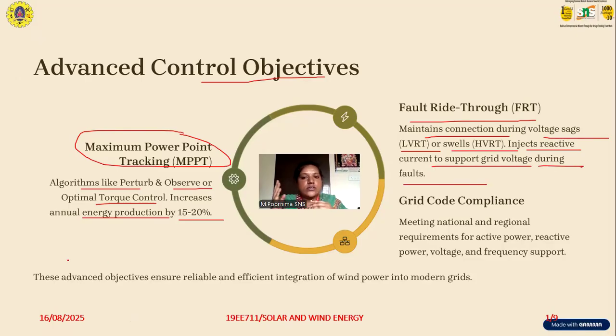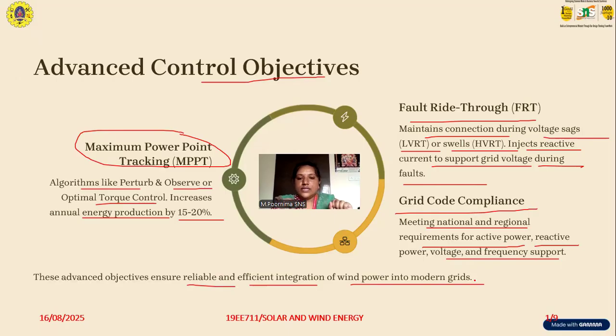The next one is grid code compliance, meeting national and regional requirements for active power, reactive power, voltage, and frequency support. These three are the advanced control objectives, and they ensure reliable, efficient integration of wind power in modern grids.